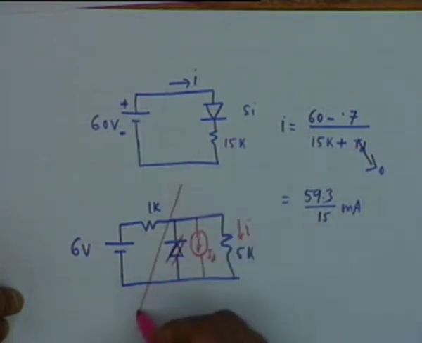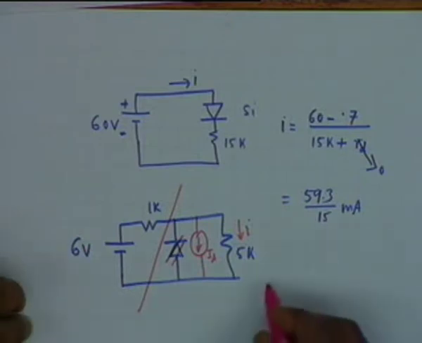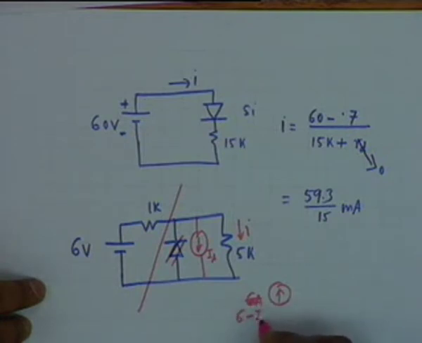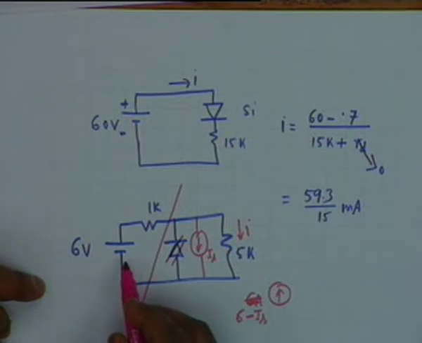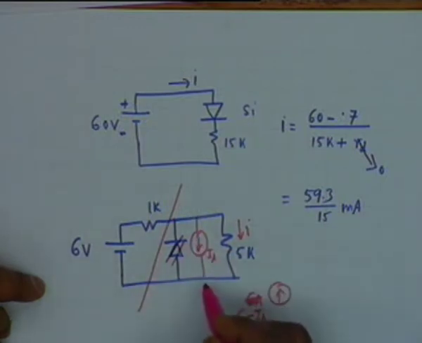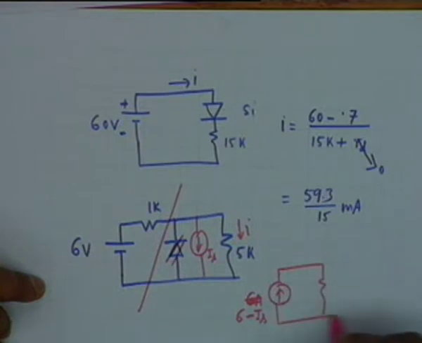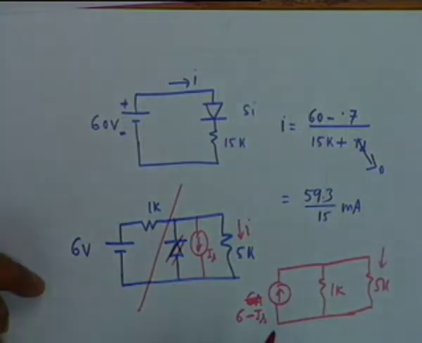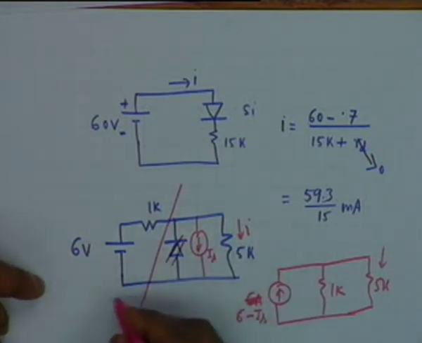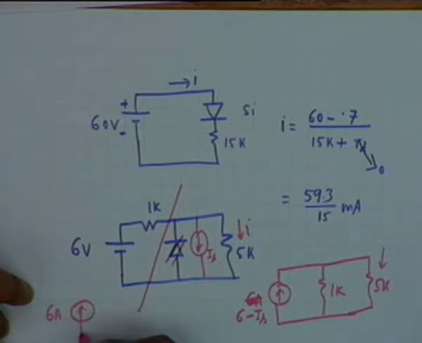Obviously you can replace this by a Norton source, then you have a 6 milliampere current source, actually it will be 6 minus IS, and then another current source IS in parallel with 1K and 5K. So this current can now be obtained by current division. 6 minus or 6 plus? 6 minus, because the equivalent source of this is 6 milliampere with 1K.